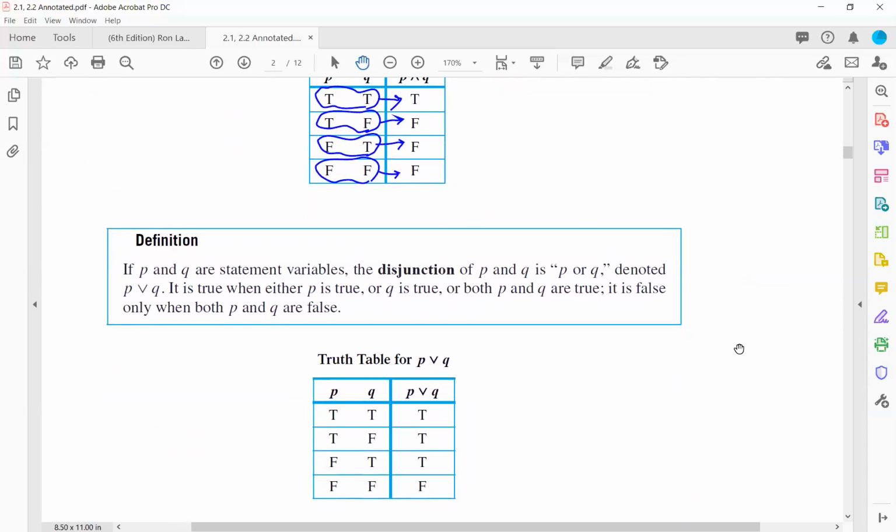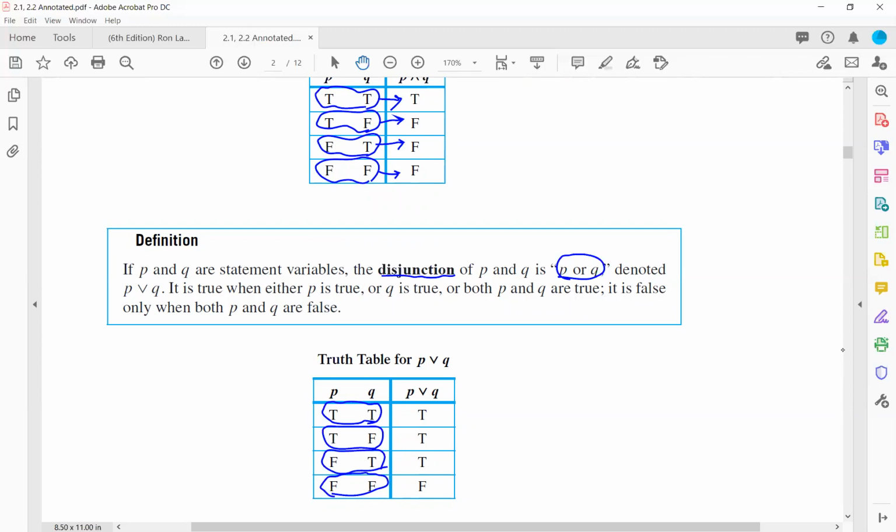What about disjunction? How do we define the truth table for disjunction, P or Q? Again, we have four combinations between P and Q: true, true; true, false; false, true; false, false.